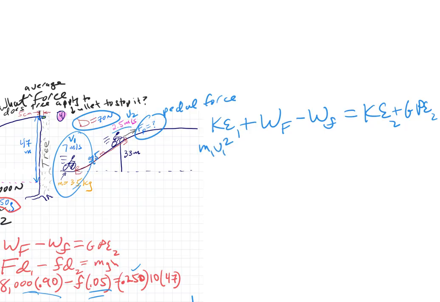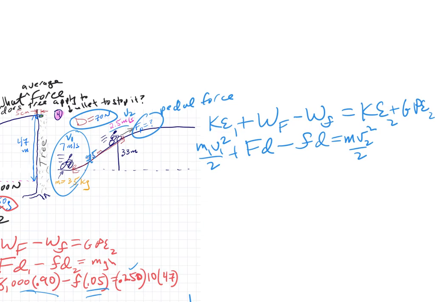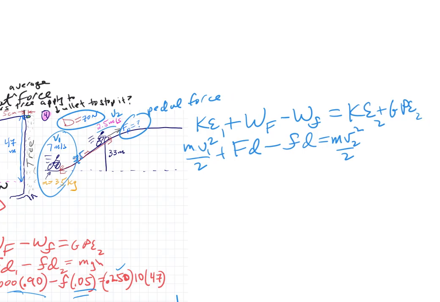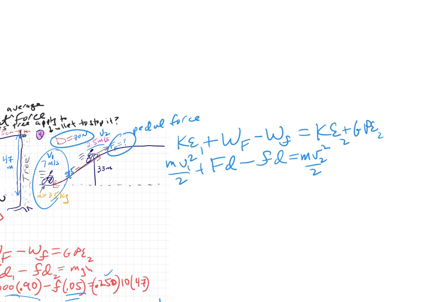M1 V1 squared over 2 plus FD minus friction D equals M V2 squared over 2. There's only one mass, so let's erase that one. Okay, and then GPE2 obviously is MGH.